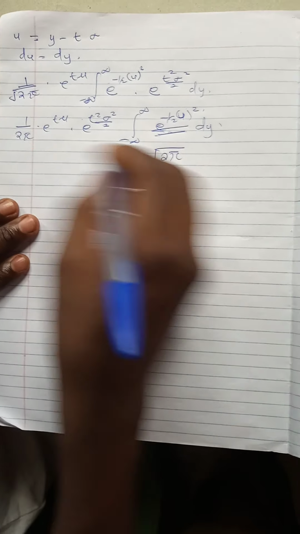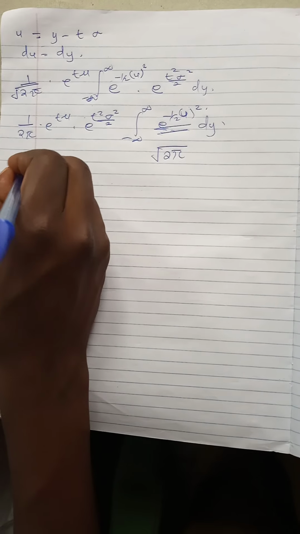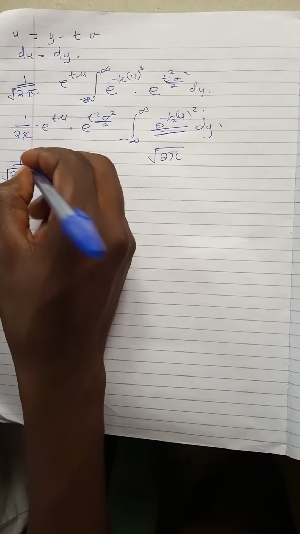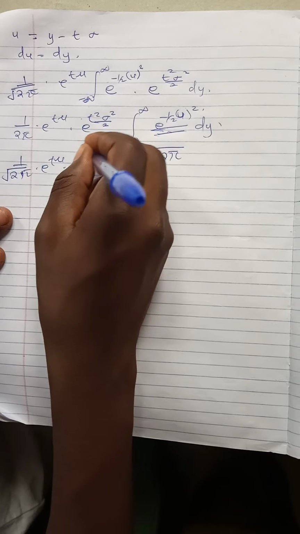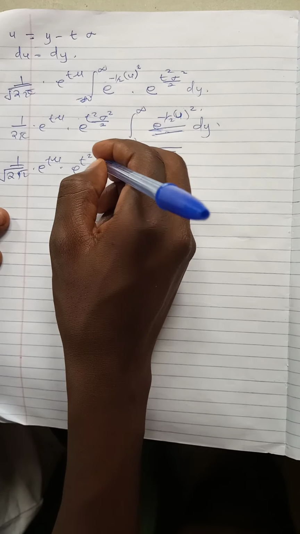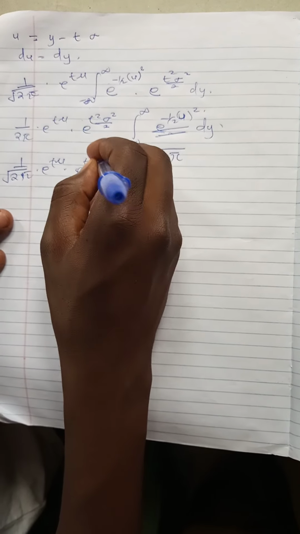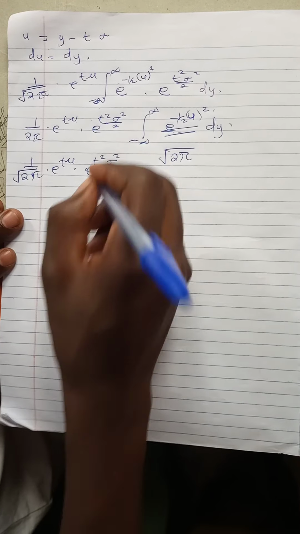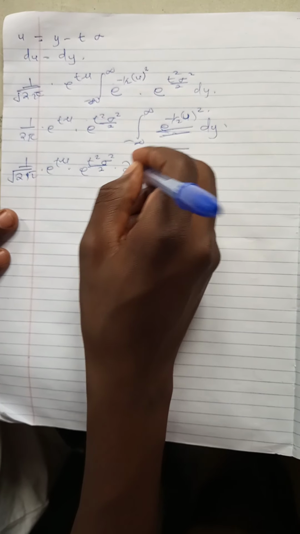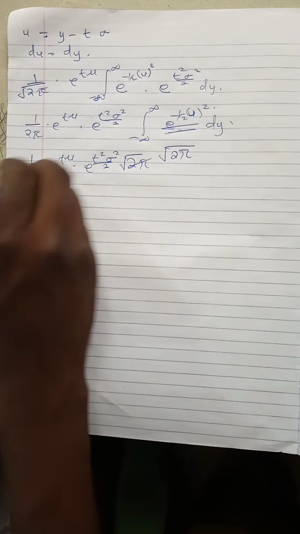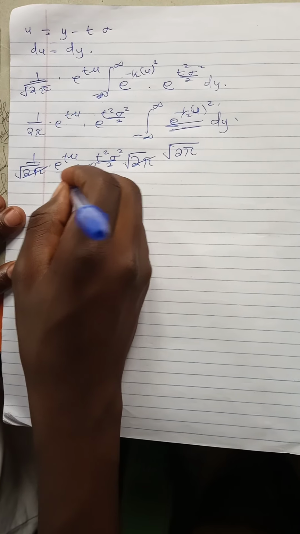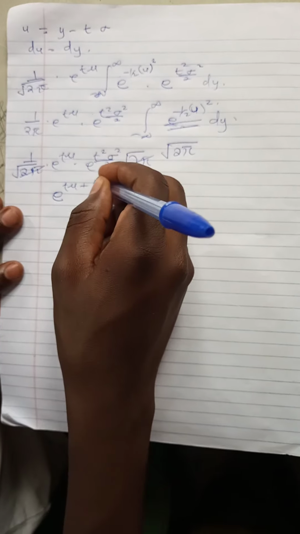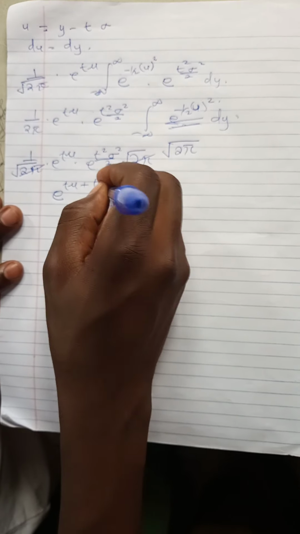So what I'll have will be 1 over root 2 pi multiplied by e^(t mu) multiplied by e^(t squared sigma squared over 2) times root 2 pi. So this one will cancel out, so that I'll factorize out e, because they're being multiplied: e^(t mu plus t squared sigma squared over 2).